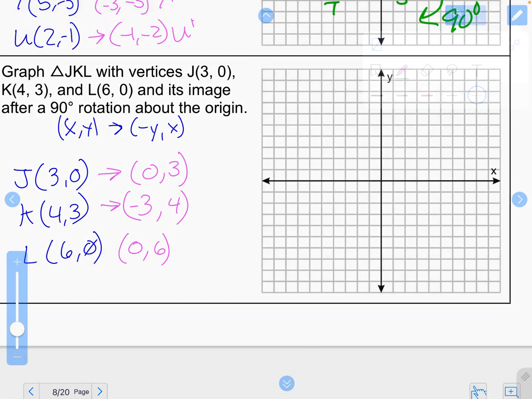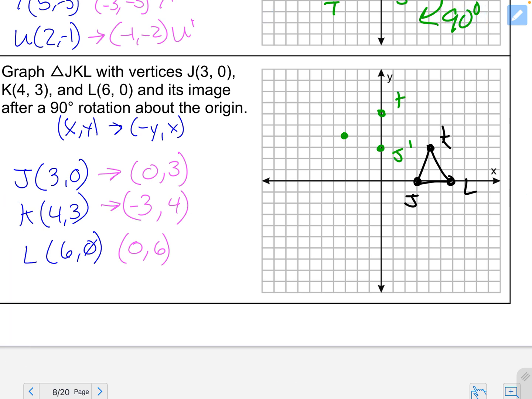So we graph our original. So we've got J, K, and L. And we're going to rotate it 90 degrees, which is 1, 2, 3 quadrants.